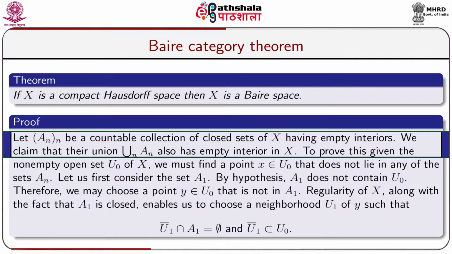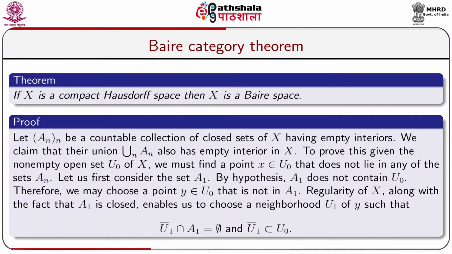So, let A_n be a countable collection of closed sets having empty interior. That means no open set is contained in any of A_n. Our claim is that the union of A_n also has empty interior in X.